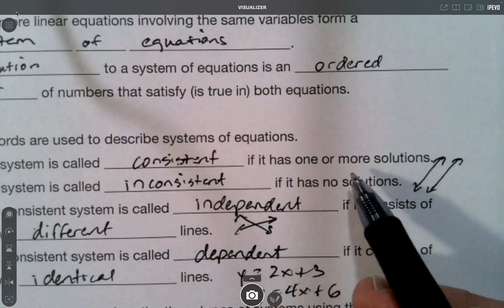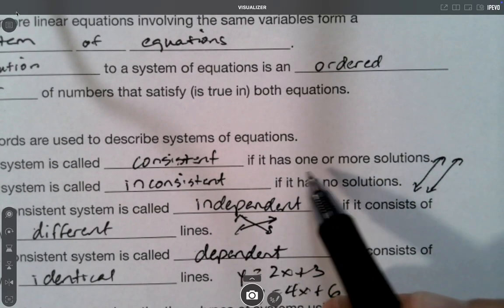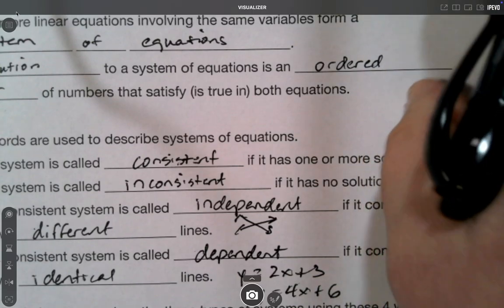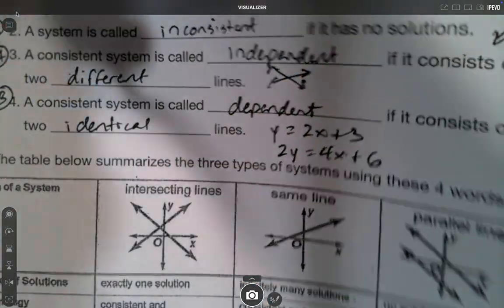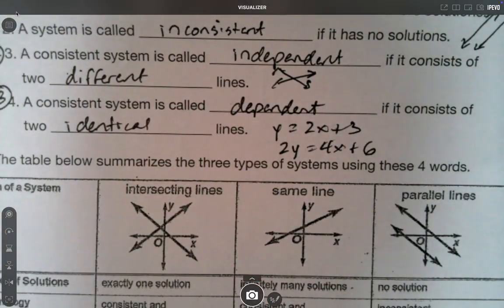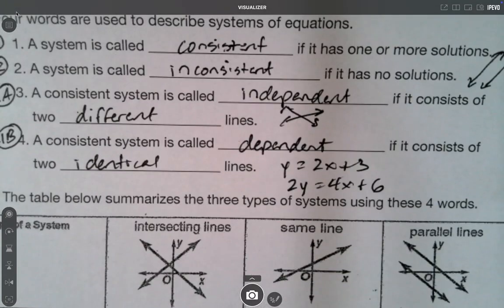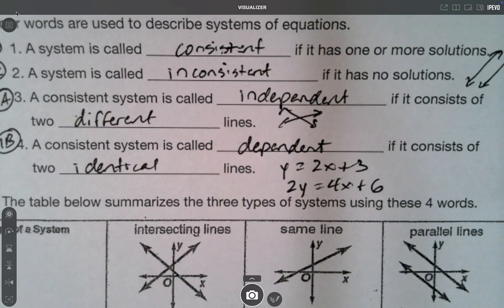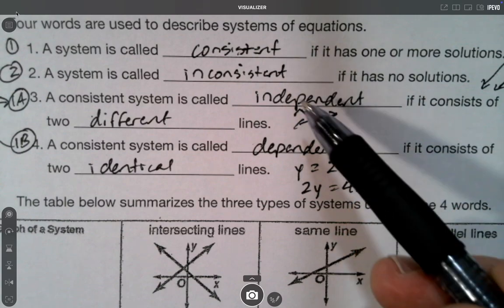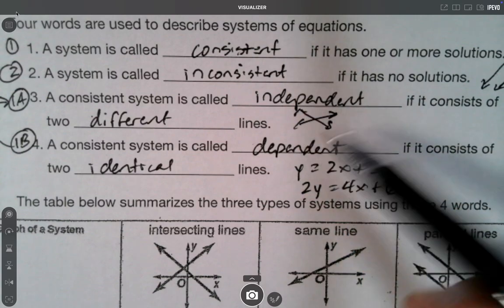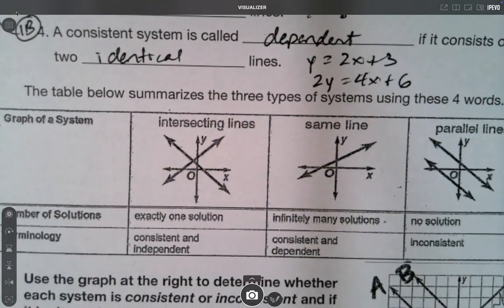So remember it says one or more solutions. It turns out it's really one or infinite solutions because it'd be at every point on their line. So consistent or inconsistent, and then consistent gets split into two categories, independent and dependent. And I think these pictures do a pretty good job helping us see what's going on.